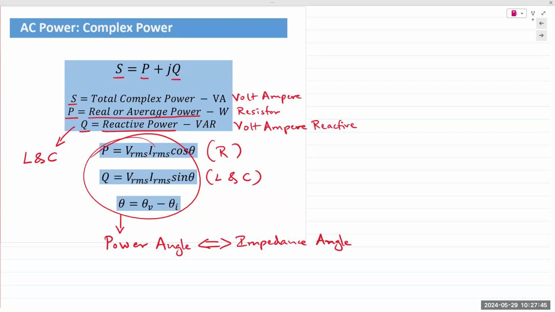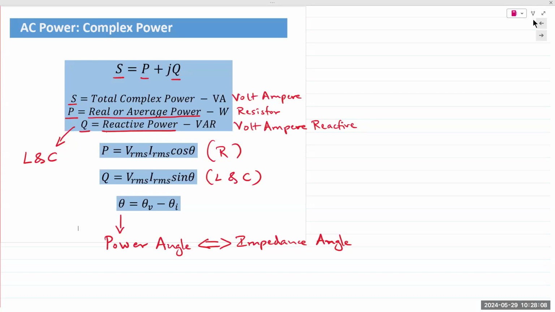In this case, if you wish to use this to determine source power, I can find it using the source voltage and the source current. Theta is the difference between the voltage and current power angles. Don't need anything else. Theta V minus theta I. So P is VRMS times IRMS times cosine theta.